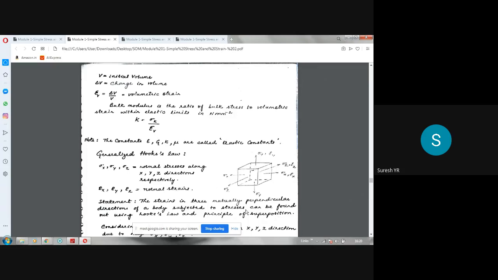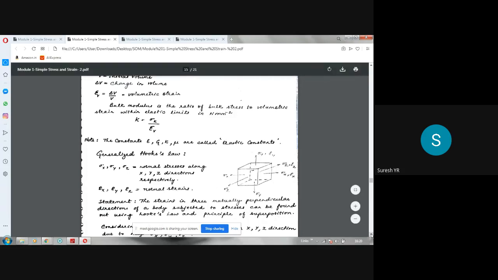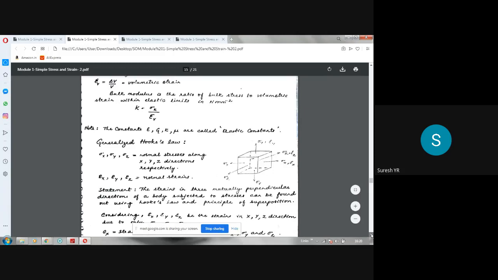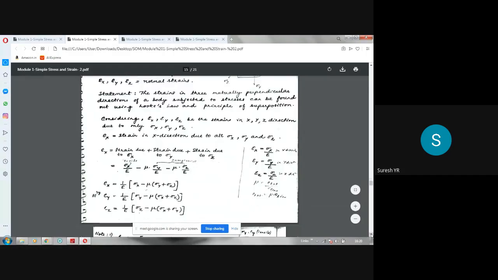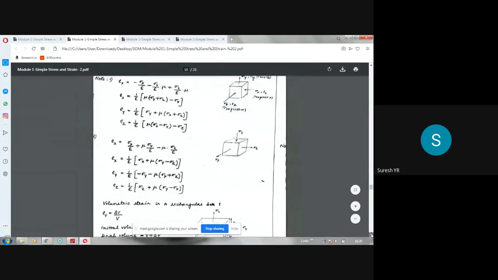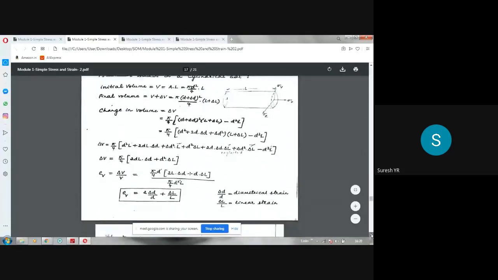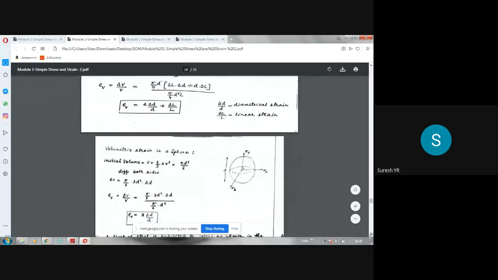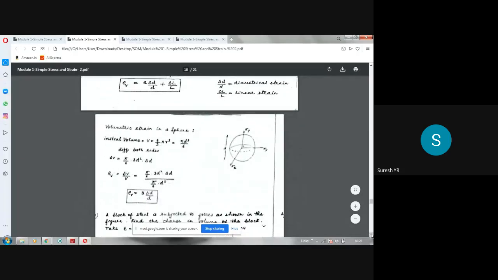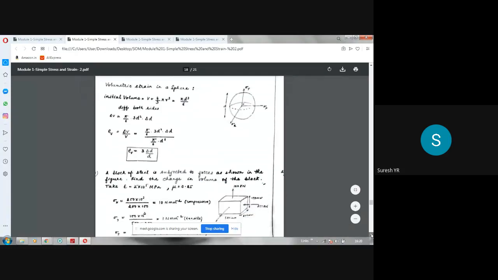So this generalized Hooke's law, I think you can understand, is the extension of principle of superposition and Hooke's law. Then after this, I did expressions for volumetric strain for rectangular section, then sphere and cylindrical.